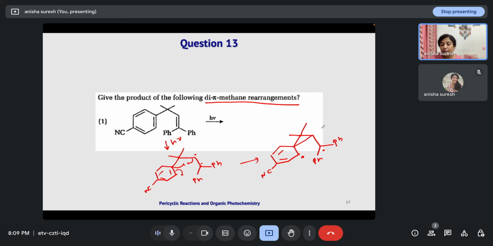Now regaining the aromaticity will be the driving force for this reaction. So upon regaining the aromaticity, this bond will be breaking, leading to formation of the more stable radical, tertiary radical.